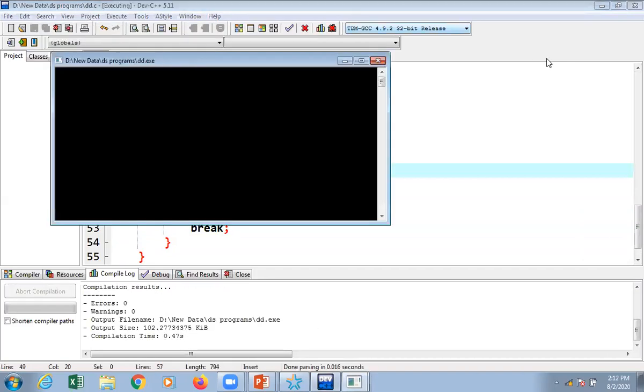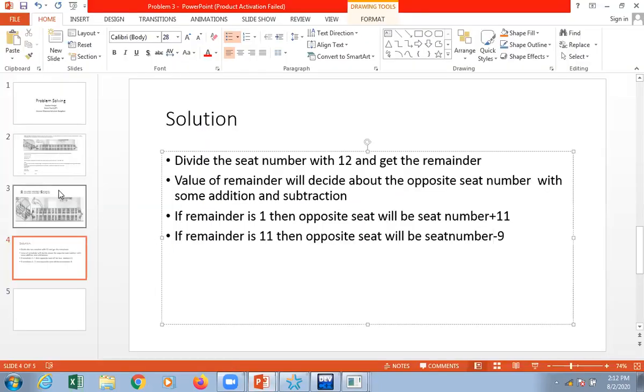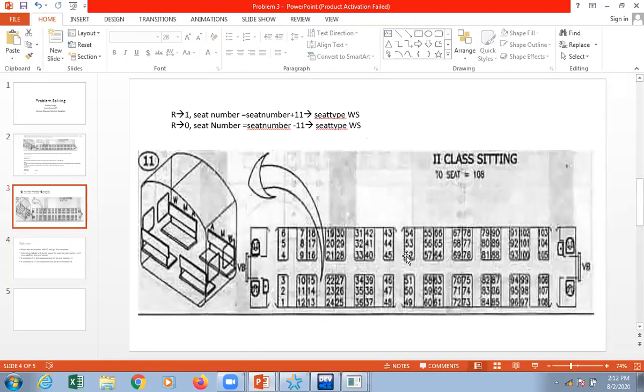So again, I am testing here with 3 test cases: 89, 34, and 45. Let us match with the image that was given to us. The first was 89, the opposite is 92, and it is the middle seat.